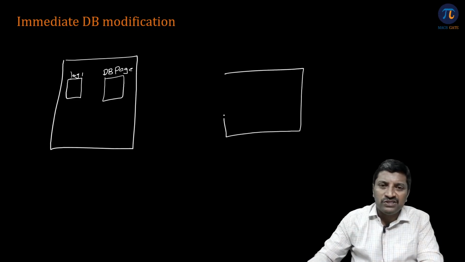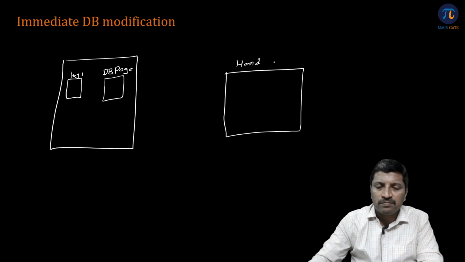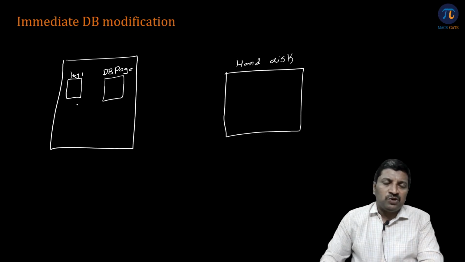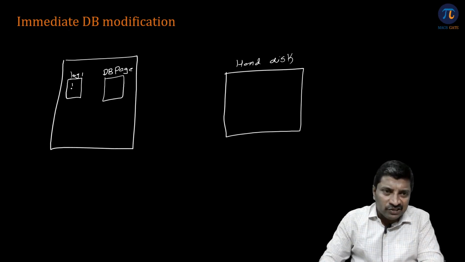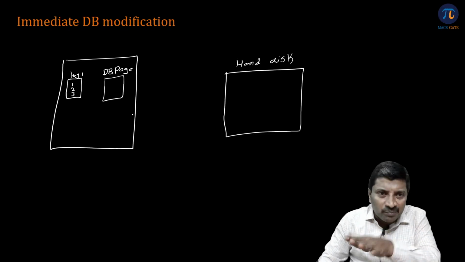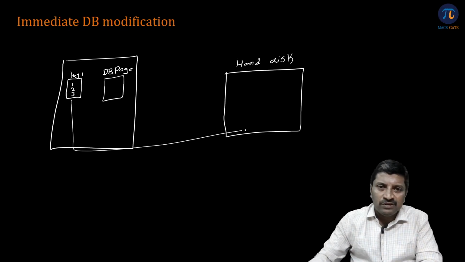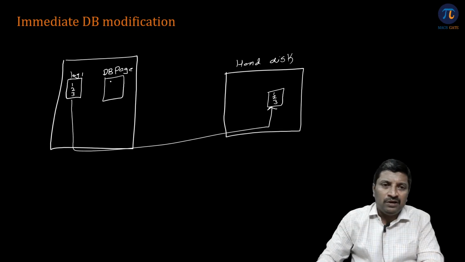This is my hard disk. Suppose I have some 10 transactions, but I completed only 3. Then I don't wait till the completion of 10 transactions. Save this here. 1, 2, 3. Write those 3 operations on the database page.